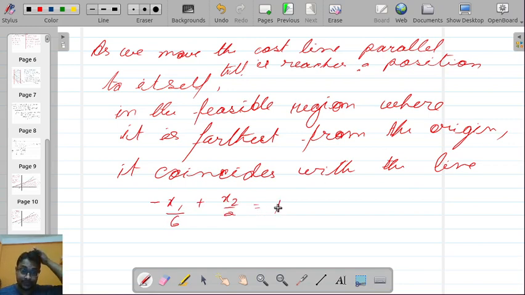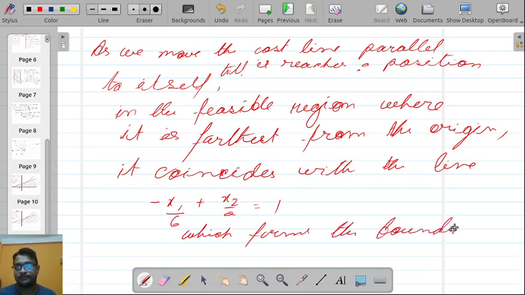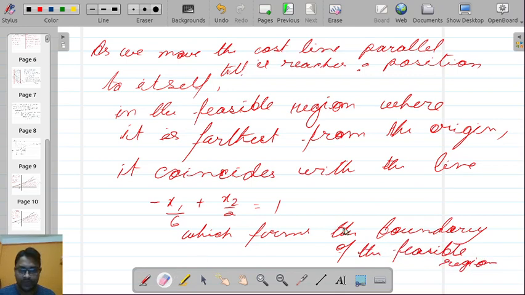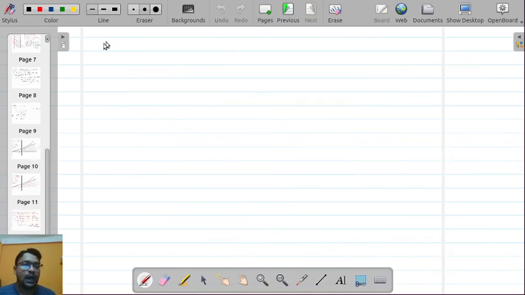This was the line, which coincides with this line, and which forms a boundary of the feasible region. And at this position it is farthest from the origin.